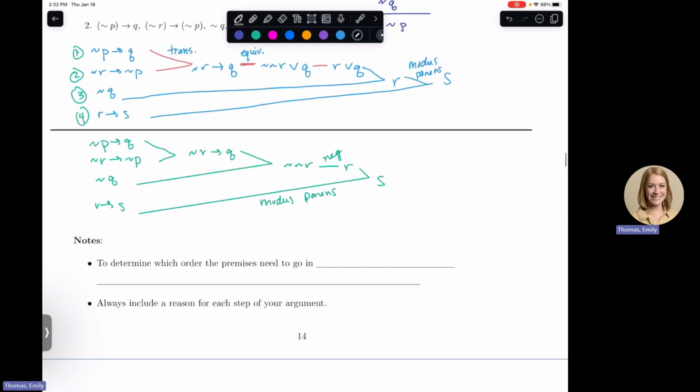So a good way to think about this, and like we talked about on this one, the R implies S thing, that's the only one of those premises that involved our conclusion. So we knew that we were going to save it till the end. So sometimes it is easier to start that way, to start at the conclusion and work your way backwards.